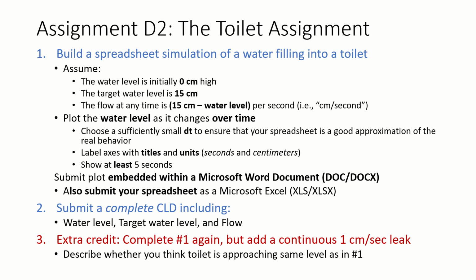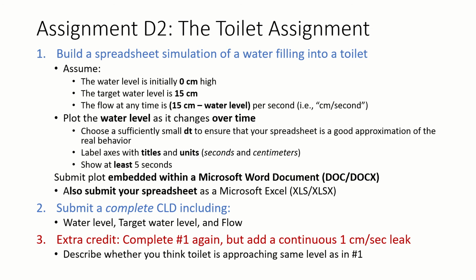There's a target water level of 15 centimeters, and you have a flow which is regulated by the valve in the toilet, which gradually gets slower as you get closer to the target. So initially, it's proportional to the height, so it's initially 15 centimeters, but as you get closer to the target, then it goes closer and closer to 0 and eventually shuts off.